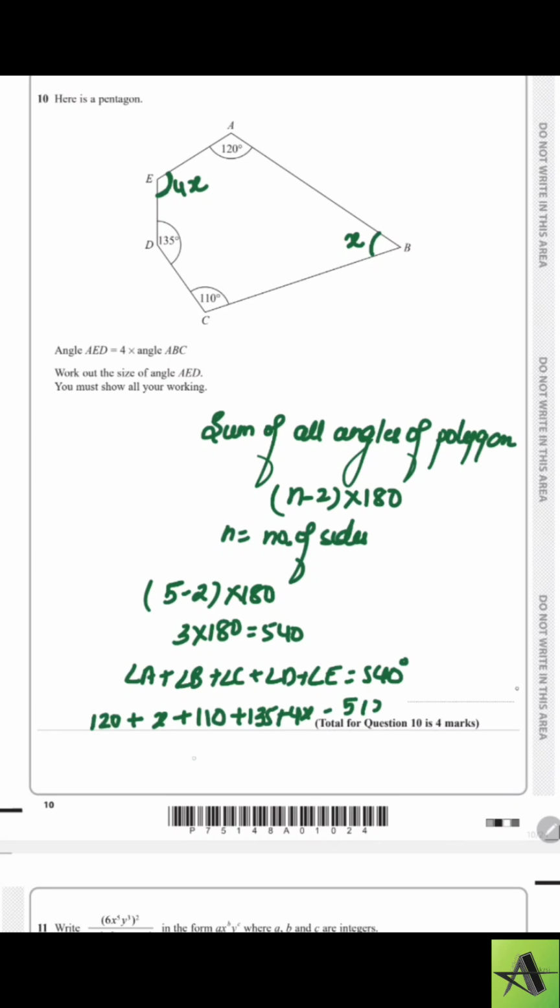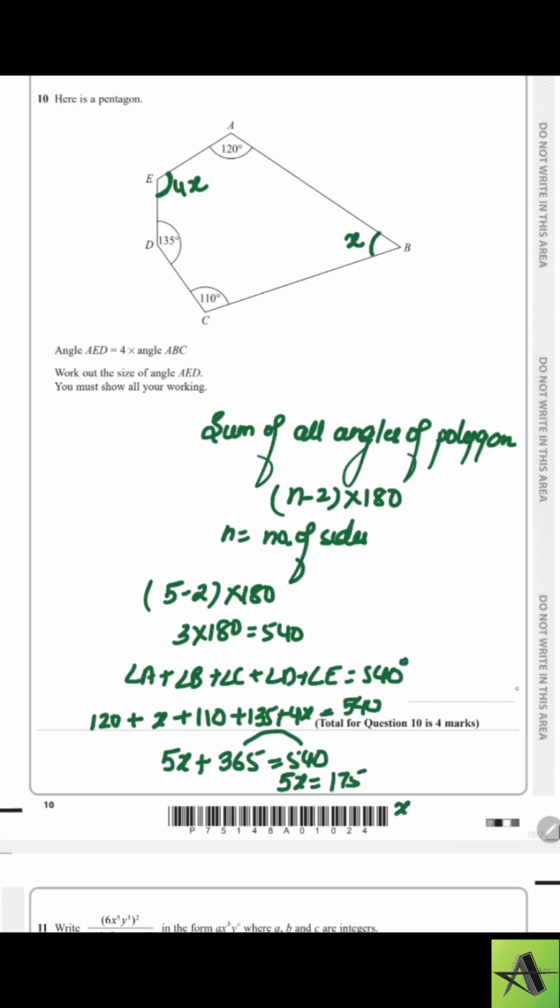From here, I can calculate that the sum of the known numbers is 365. So 5x plus 365 equals 540. Bring it here. 5x is equal to 540 minus 365, which is 175.